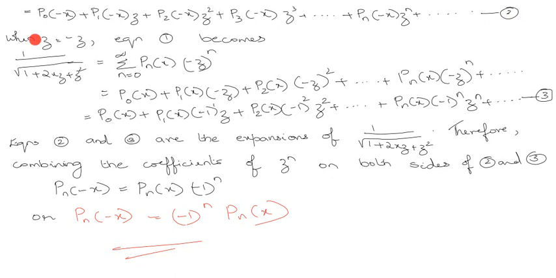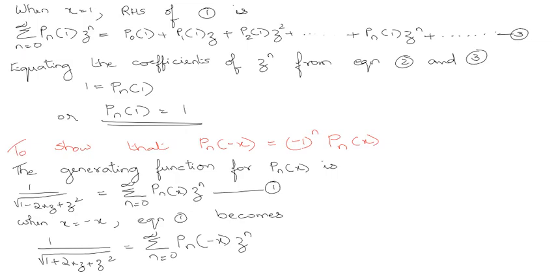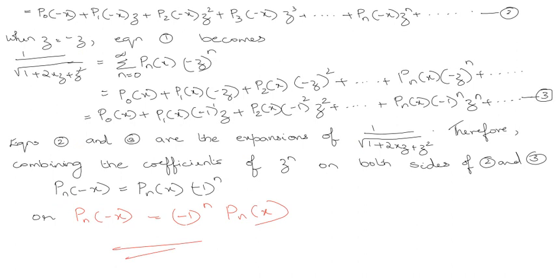Again, when z is replaced by minus z, equation number 1 becomes 1 by square root of 1 plus 2xz plus z square equals sigma n equals 0 to infinity Pn(x) into (minus z) raised to n.